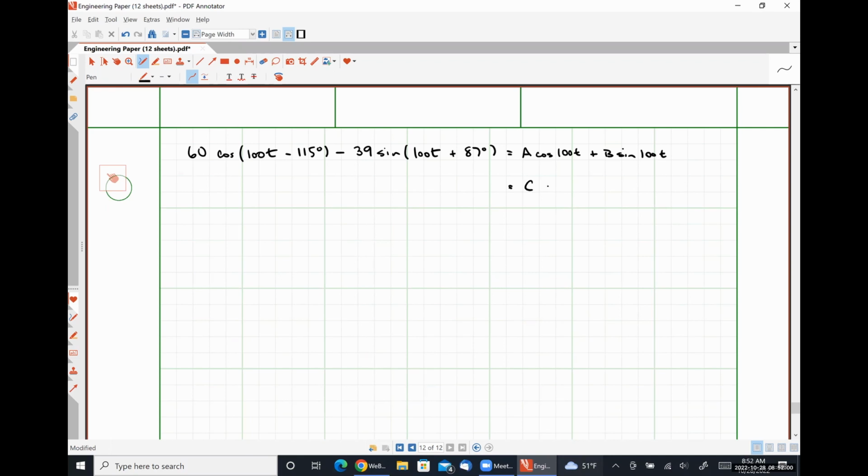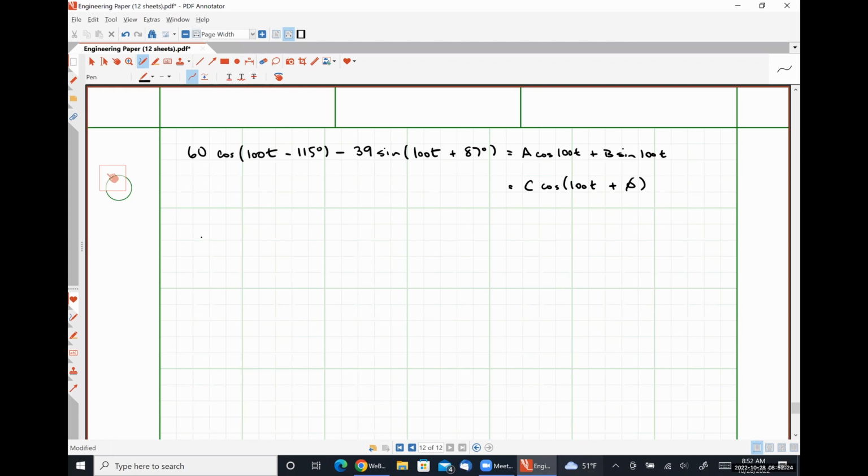This is also equal to C cosine 100t plus some angle. So the expectation is that you guys will suffer through 45 minutes of trig in order to figure this out. Complex numbers make this entirely unnecessary, okay?